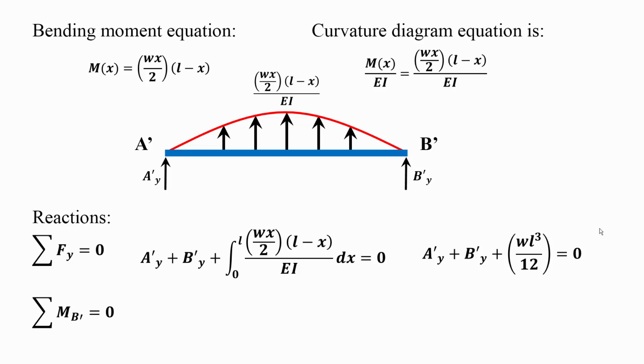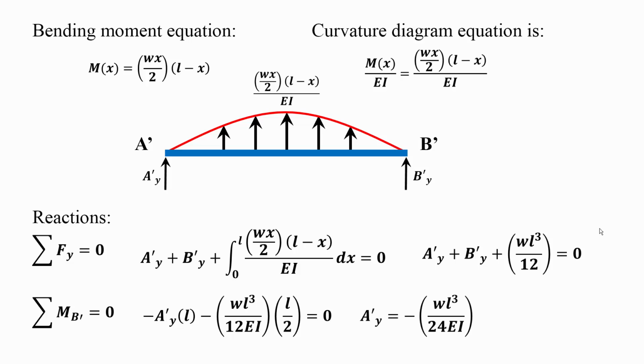And if you take the summation of the moments about point B, for example, minus A prime y multiplied by L minus the load times the distance, then you will get A prime y equals minus WL cubed over 24 EI, and of course B prime y is the same because the load is symmetrical.